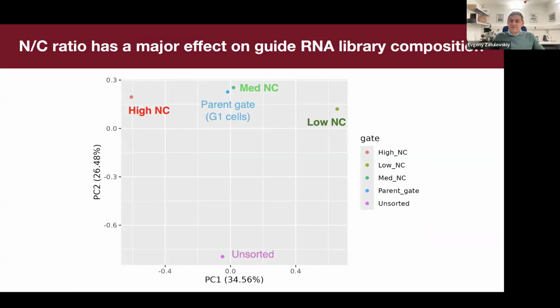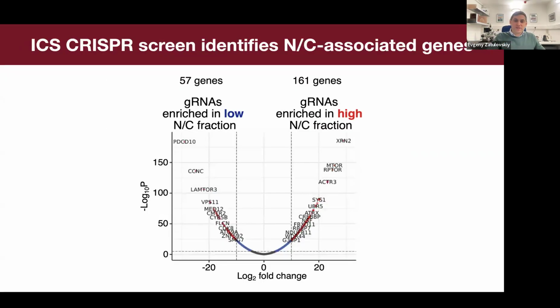And from these experiments, a very encouraging result was this principal component analysis, where the first principal component very nicely correlated with the NC ratio isolated from the experiment. So indeed, it is a meaningful experiment because we see that we separate cells in accordance with their NC ratio.